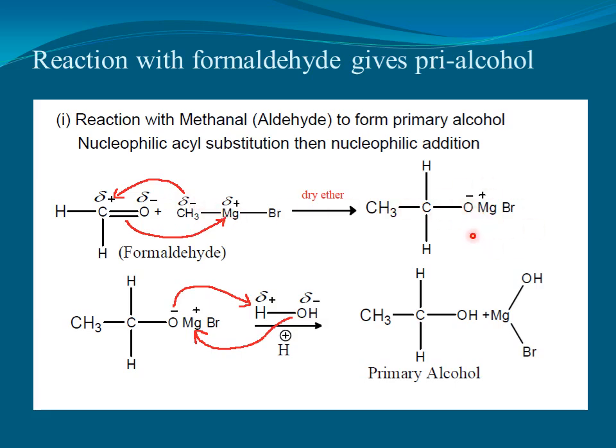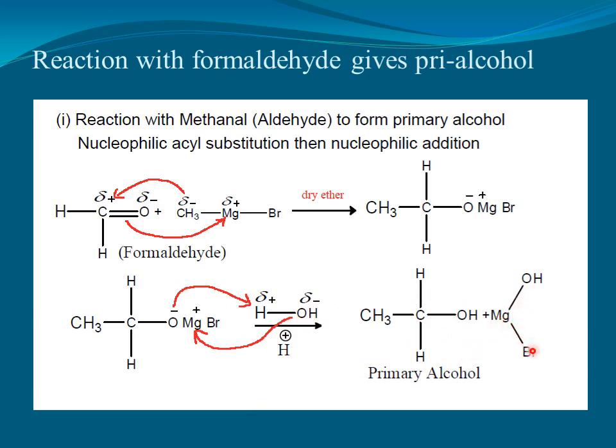Now students, the second step is the acidic hydrolysis. We also call it the workup step, in which we are going to get a stable product. Now you can see the negative charge on the oxygen is going to abstract a proton from the water molecule, and this magnesium is going to get attached to this hydroxyl group, giving you a primary alcohol along with hydroxy magnesium bromide.